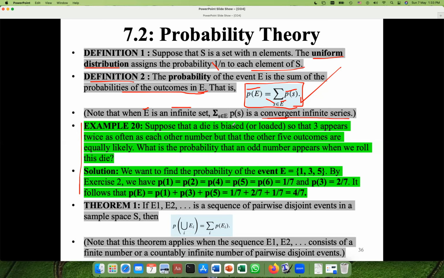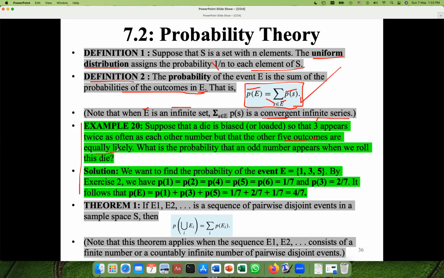So suppose that the die is biased, and the effect of that bias is that 3 appears twice as often as each other number. The number 3 appears 2 times as compared to the other 5 numbers, and all other 5 outcomes except this 3 are equally likely.